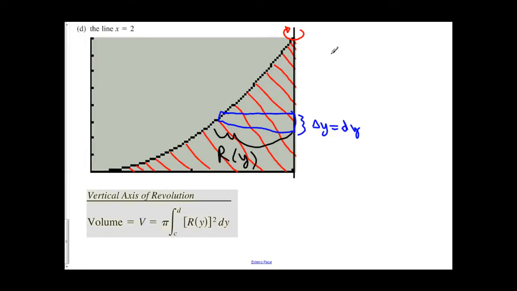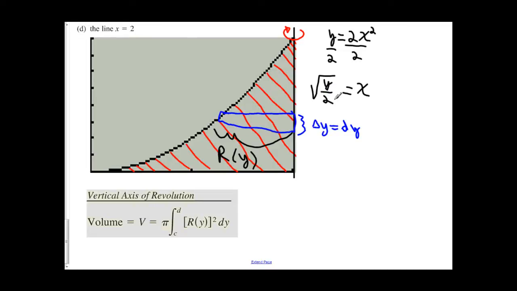We know that this function is y equals 2x squared. Like before, we solve this for x to make it a function of y. So we divide by 2, and then take the square root to get x is equal to the square root of y over 2.